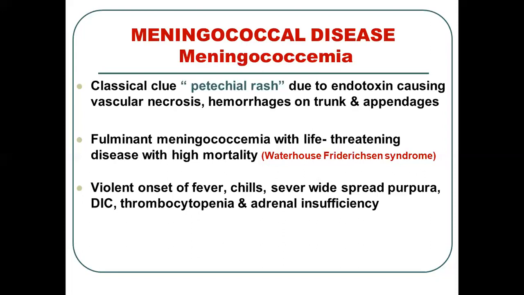There is violent onset of fever, shivering, chills, widespread purpura on the body, disseminated intravascular coagulation, thrombocytopenia, adrenal insufficiency. So Waterhouse-Friderichsen syndrome, a fulminant type of meningococcemia, is characterized by fever, chills, purpura, disseminated intravascular coagulation, thrombocytopenia, and adrenal insufficiency.